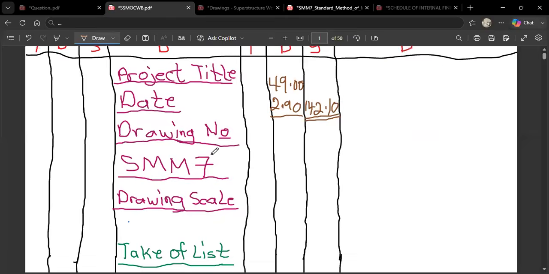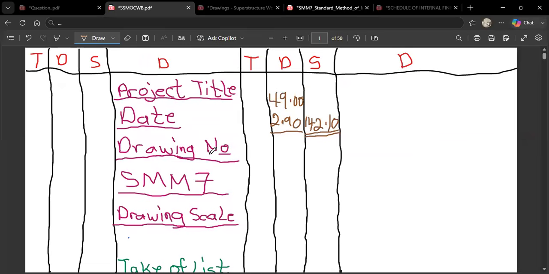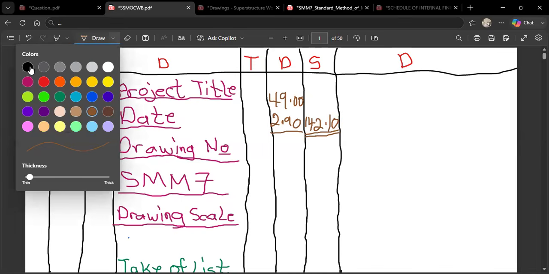Then we are going to say block work wall of thickness 150 concrete block in stretcher bond in concrete and sand mortar, ratio 1 to 3. So let's all write that together.